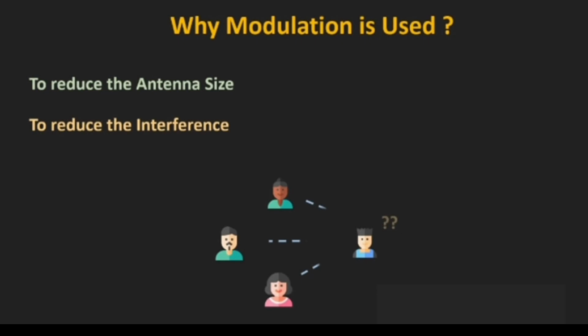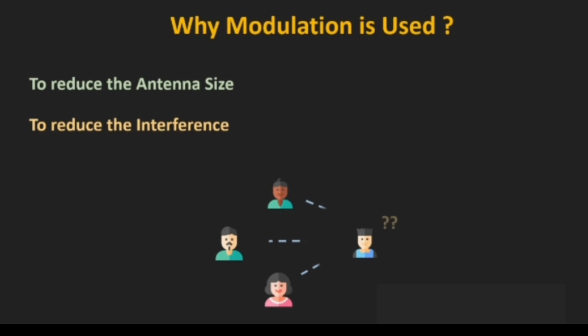Now, the second reason why we need modulation is to reduce the interference. What is interference? When three or more people are talking simultaneously to a fourth person, will that person understand clearly? Of course not. This is interference, and we want to reduce it.